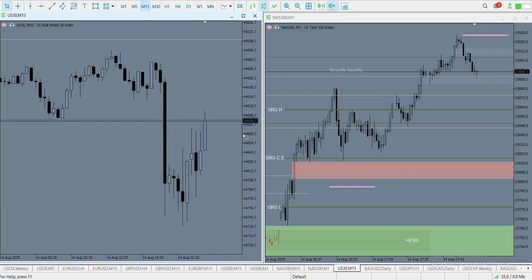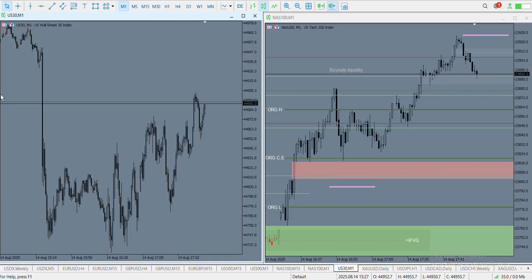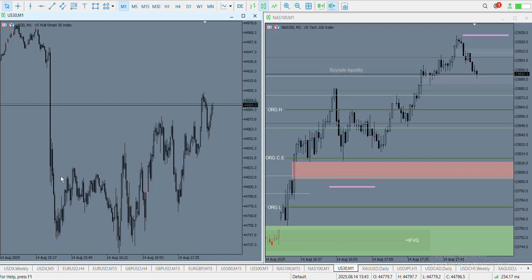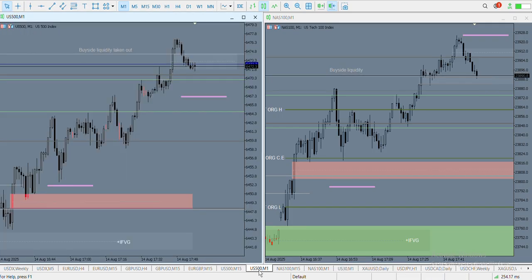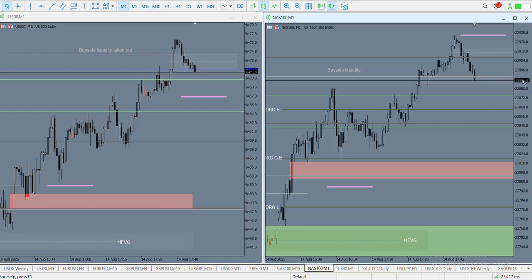So US 30, that's the Dow. It's not really bullish. I mean, it's bullish. If you look at this 1 minute, we have to go through the whole of this range. The relative equal highs here, so we might still be trading higher. So it's really scary to be going short on the Nasdaq.